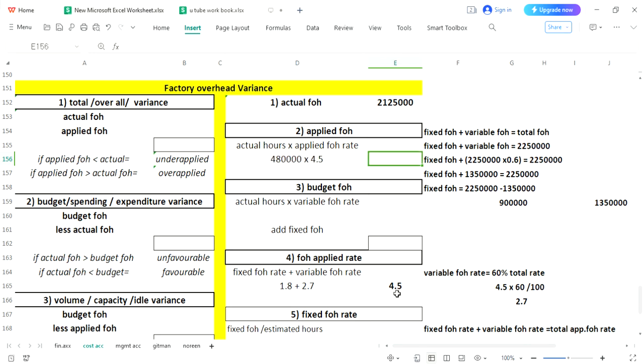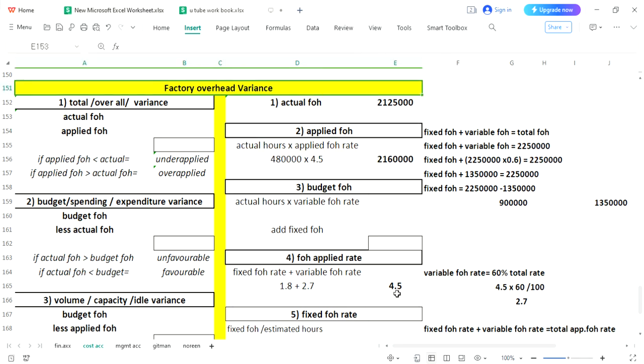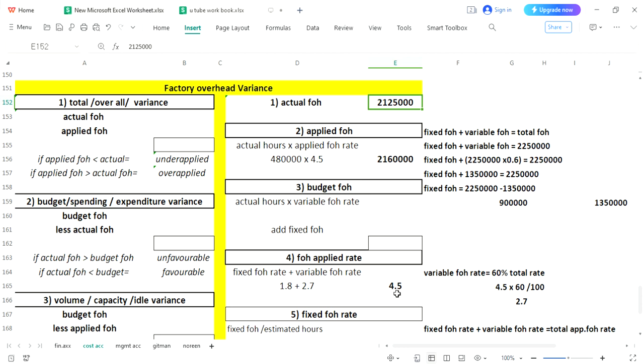Statement completed. Now we can calculate 4,80,000 multiplied by 4.5. So we have got our applied FH as well. It's a little mixed up over here, but anyhow you can understand. So applied FH calculated is 21 lakh 60,000. Actual FH is also mentioned over here, 21 lakh 25,000.